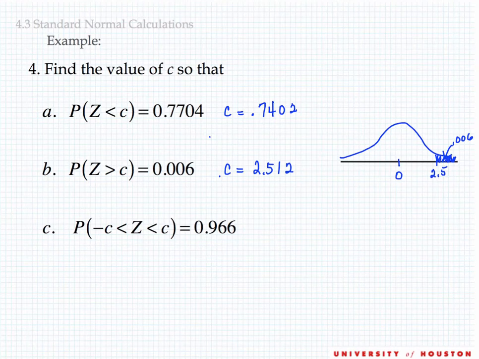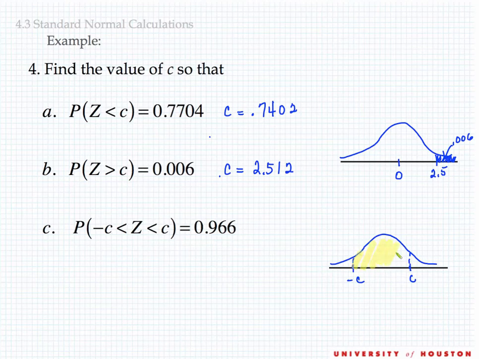Now on the last part of this question, we want to find the value of C such that the area between negative C and positive C is 0.966.